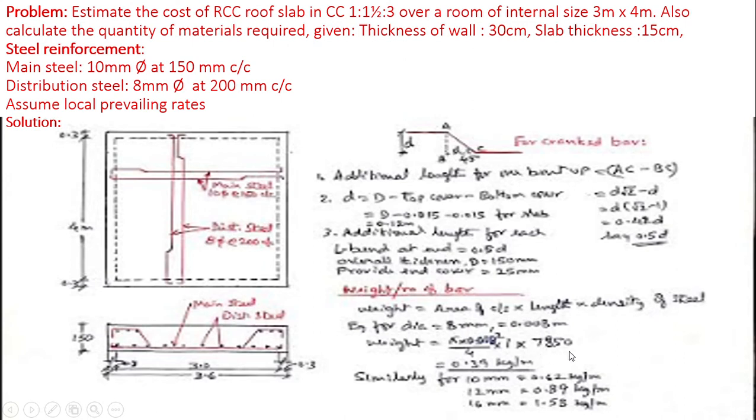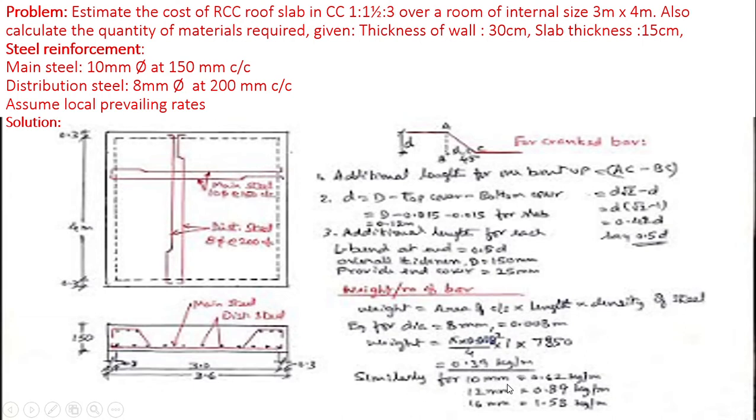For example, say diameter of 8 mm, 8 mm is equal to 0.008 meter. The weight per meter of 8 mm bar is calculated as product of pi into 0.008 square by 4, that is pi d square by 4, into length 1 meter into density 7850 kg per meter cube, which works out to 0.39 kg per meter.